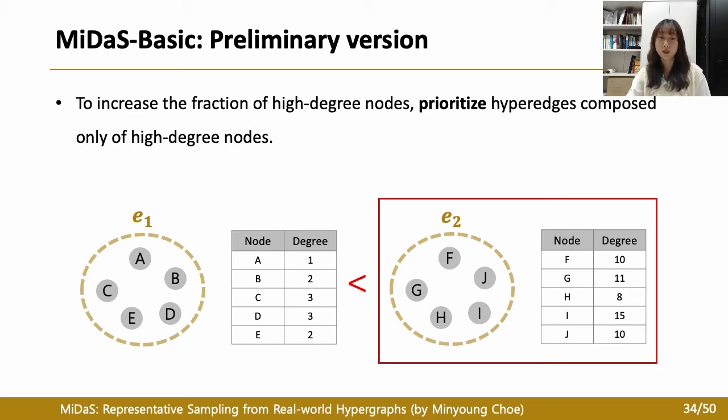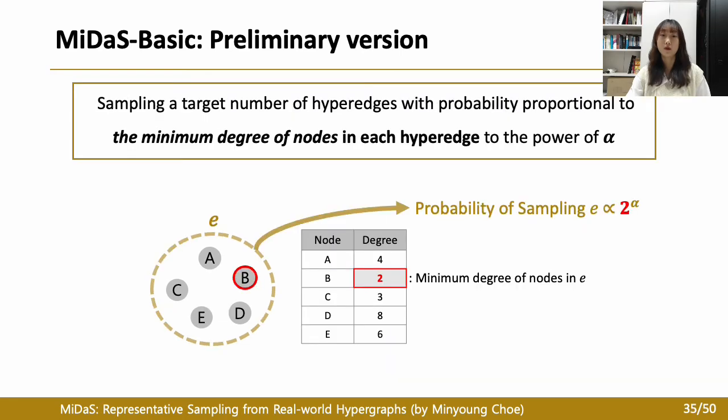For example, when there are 2 hyperedges, E1 and E2, we aim to prioritize the hyperedge E2 because it consists mainly of nodes with a higher degree. Specifically, Midas-Basic samples a target number of hyperedges with probability proportional to the minimum degree of nodes in each hyperedge to the power of alpha.